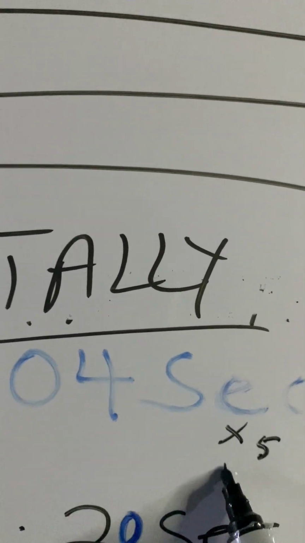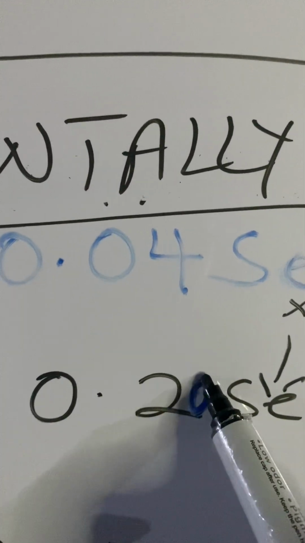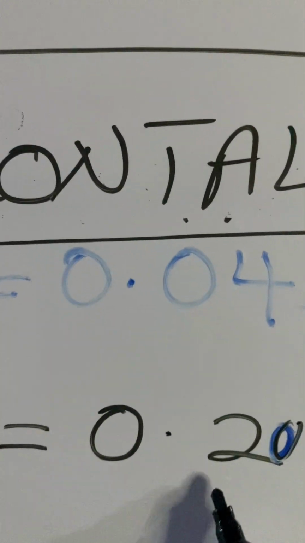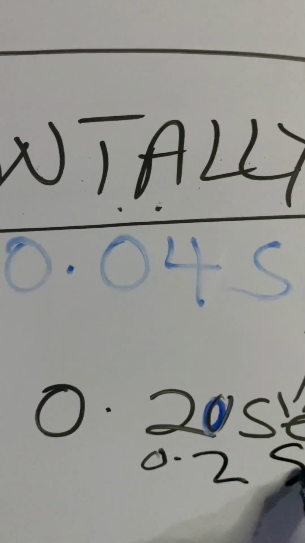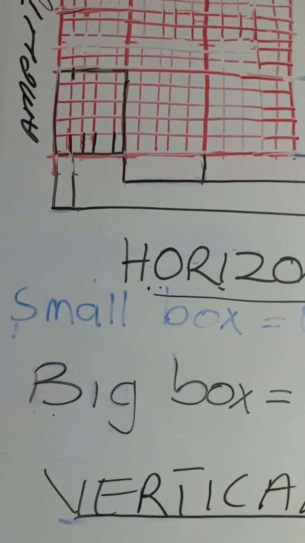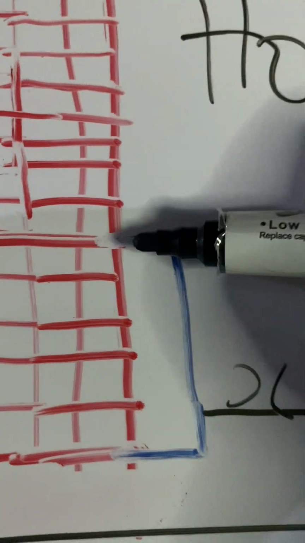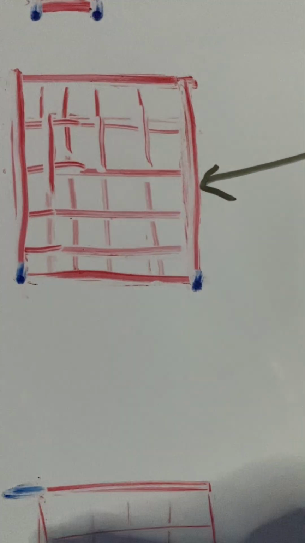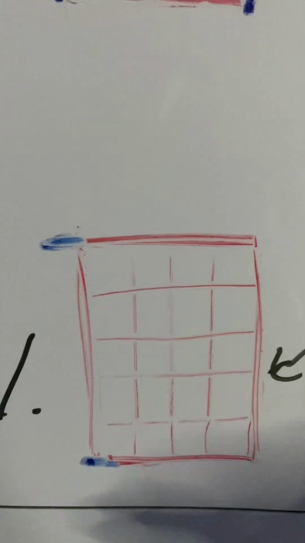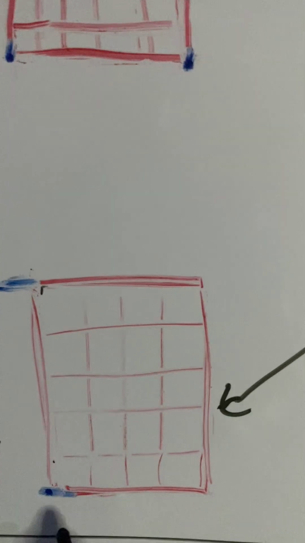Times 5, and this will lead us to 0.20 seconds, or simply 0.2 seconds. All right, you take a big box like this vertically. That is if you measure it from here to here. Okay, this is a big box, this is a big box. But we want to measure it from here to here, not here to here.